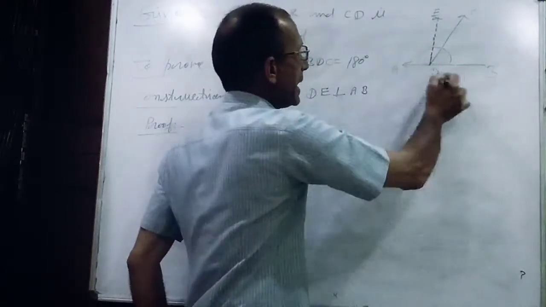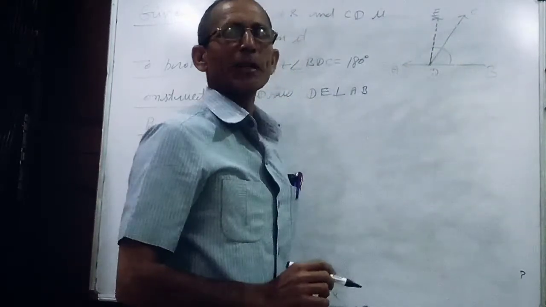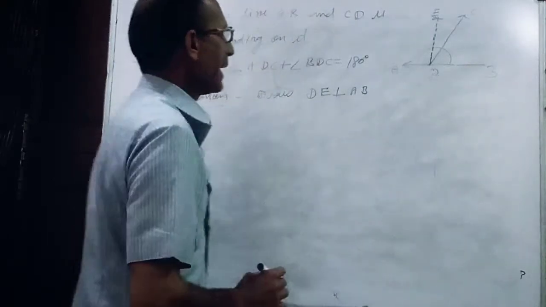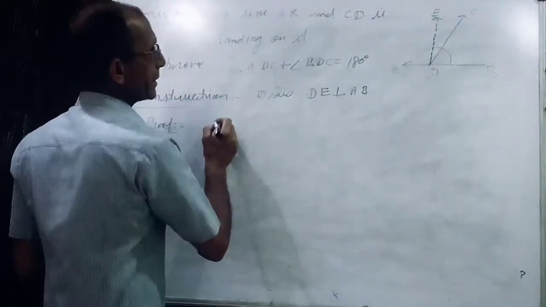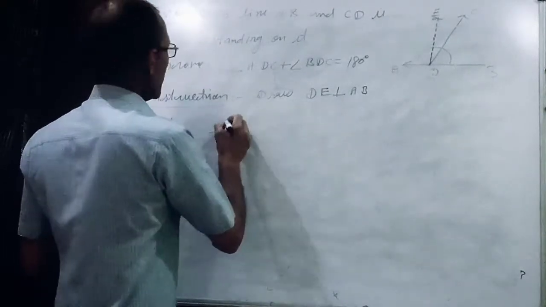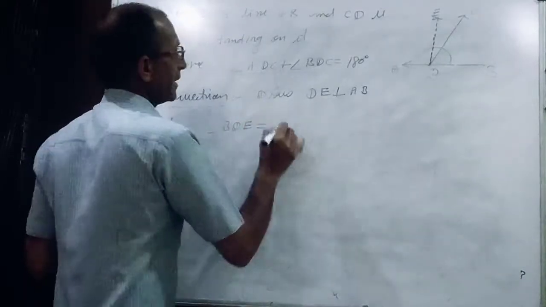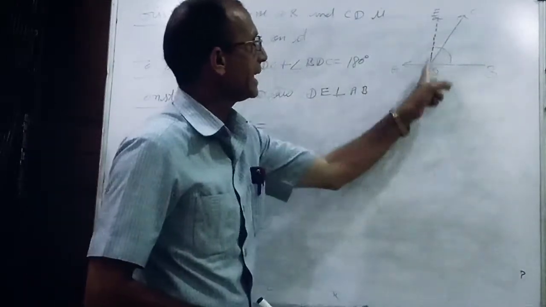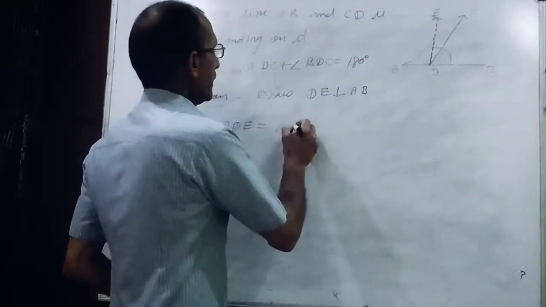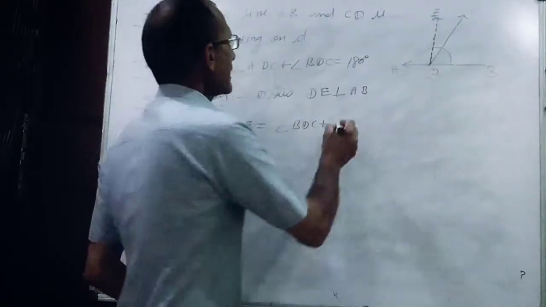It means angle BDC plus angle CDE, their total will be 90 degrees. I am taking this angle BDE, so it will be equal to angle BDC plus angle CDE.